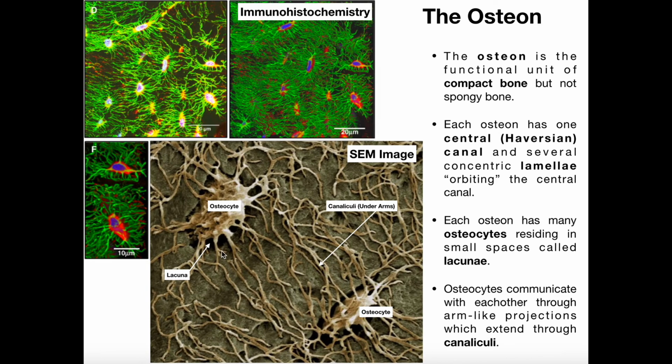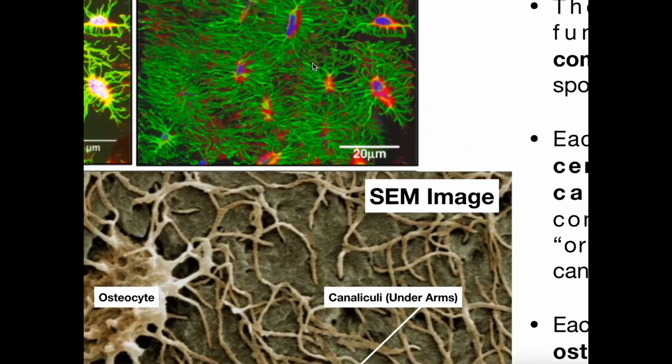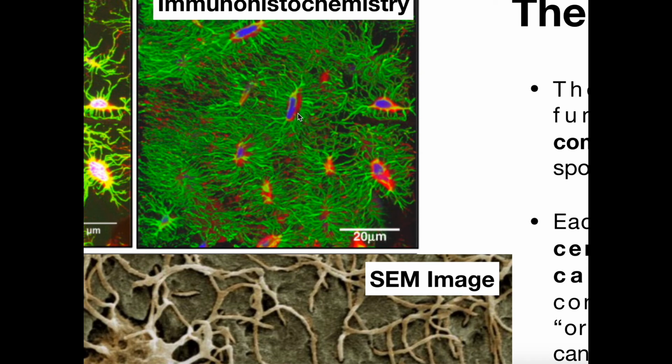Let's take another look at this through immunohistochemistry. This is a technique where they label different pieces of the cell different colors, and it allows you to distinguish the parts. If we zoom in right here, this would be one osteocyte, and it would of course sit inside a lacuna, and then you can see all the individual osteocytes.